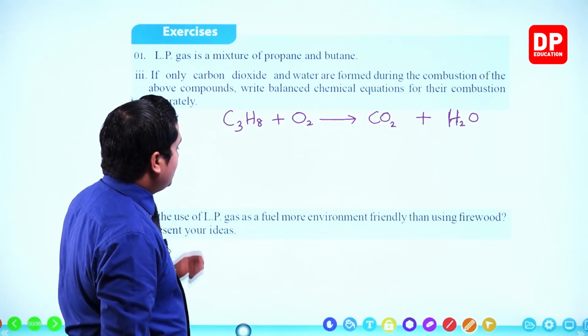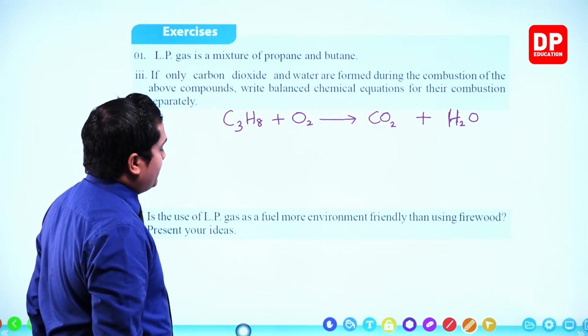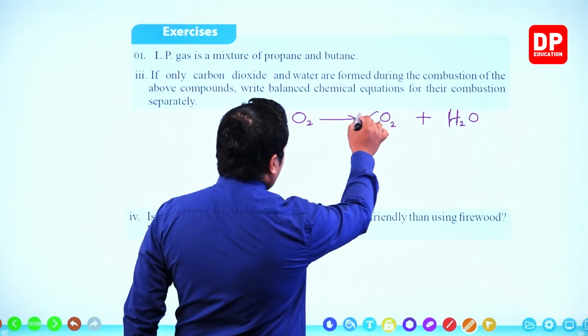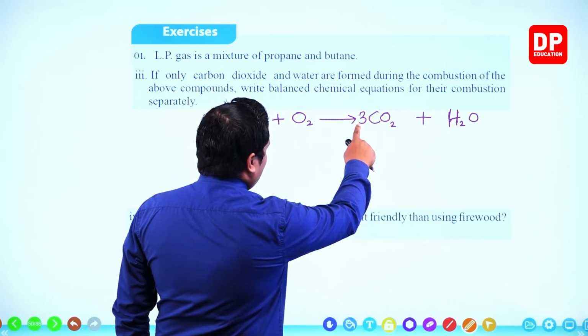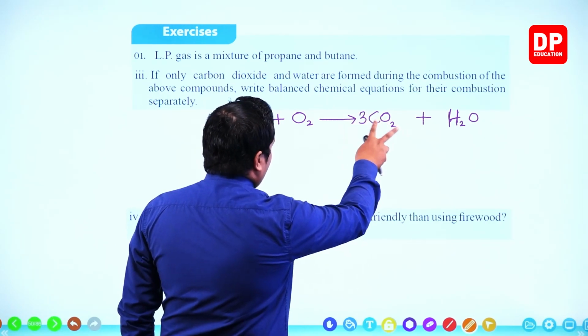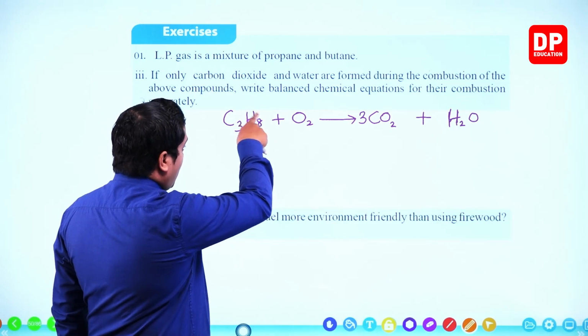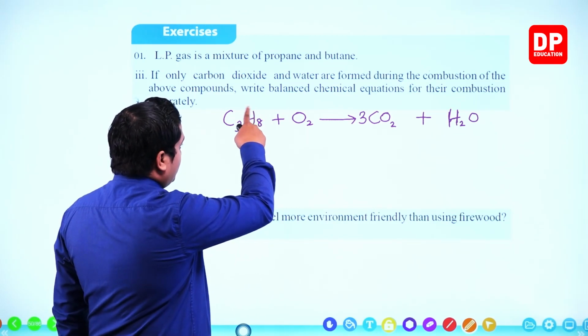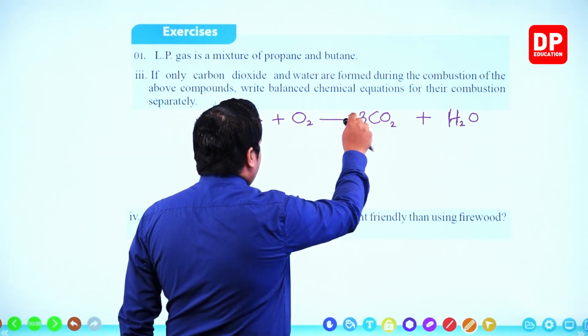Here there are 3 carbon atoms, so you have to put 3 here. Now, here you can observe 8 hydrogen atoms. Here 3 carbon atoms, so I have put 3 here.